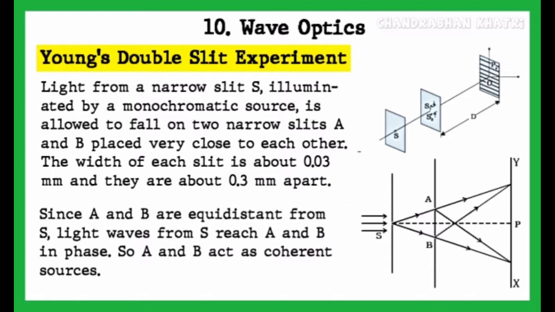The width of each slit is about 0.03 mm and they are about 0.3 mm apart, as you can see in this diagram. Since A and B are equidistant from S, light waves from S reach A and B in phase. So A and B act as coherent sources.